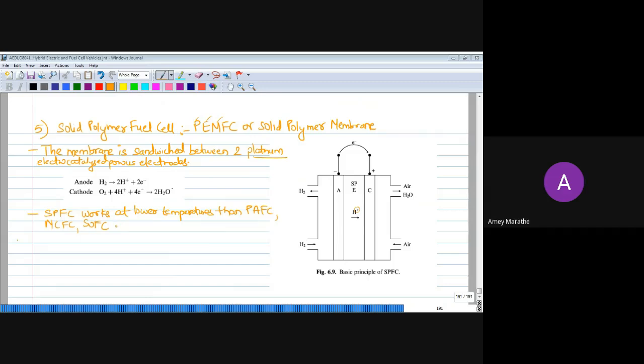Typically it operates at 50 to 100 degree C. Hence I can say that it is suitable for EV applications, because it is a low temperature fuel cell.